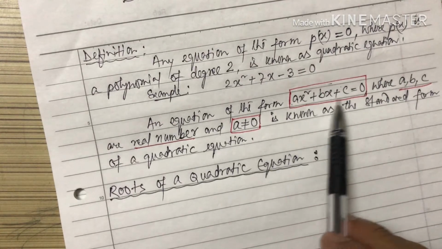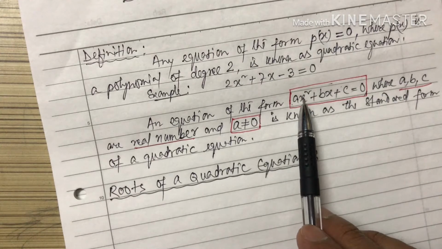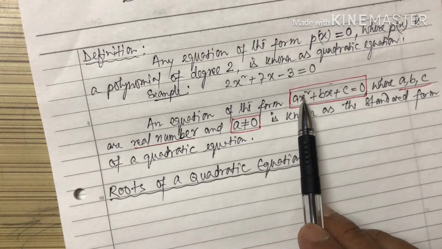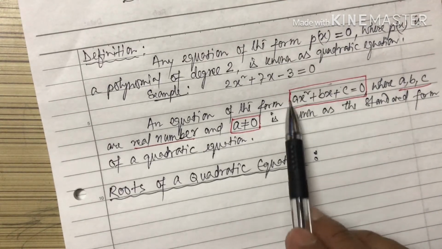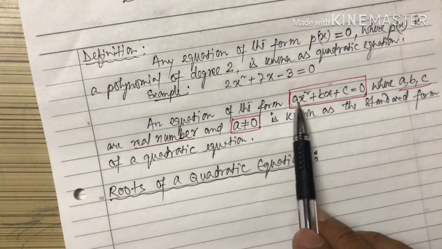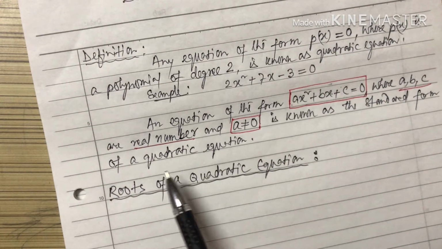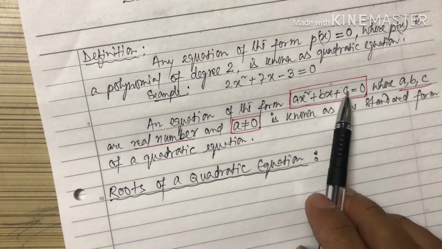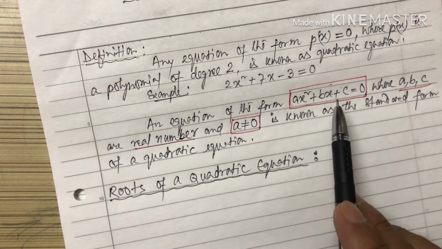If I take this quadratic equation and substitute a value of x, and after substituting that value I solve the left hand side, I must get 0. That is the meaning of roots of the quadratic equation: any value of this variable, which can be x, y, z, anything.